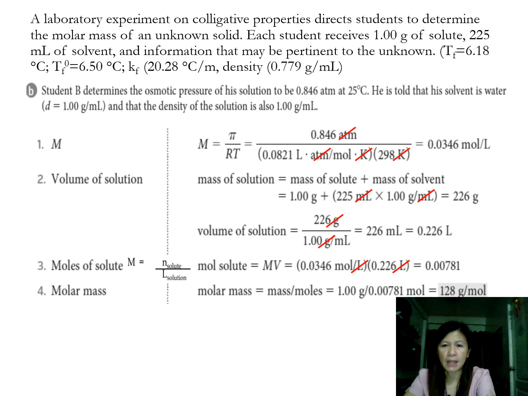So 1 gram is the mass of solute divided by the moles of solute as calculated in step 3, 0.00781. So 1 gram divided by 0.00781 will give us 128 gram per mole. So this is now the molar mass of the unknown solid of student B.